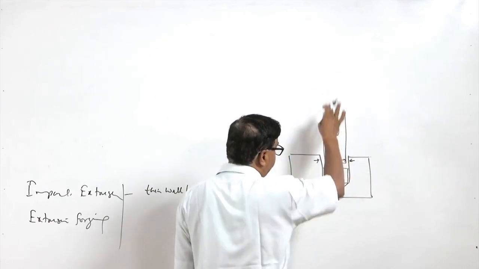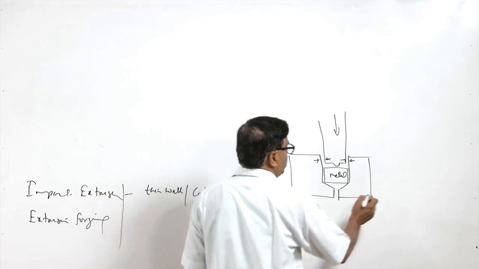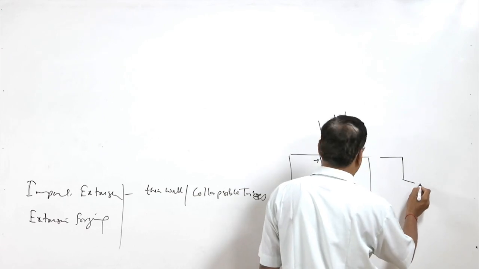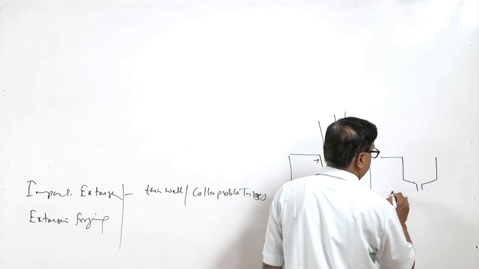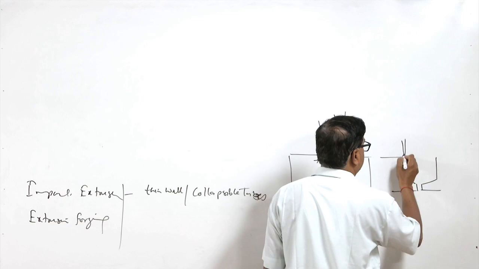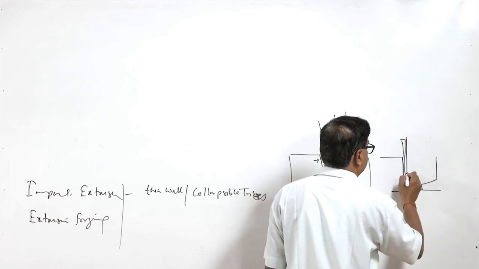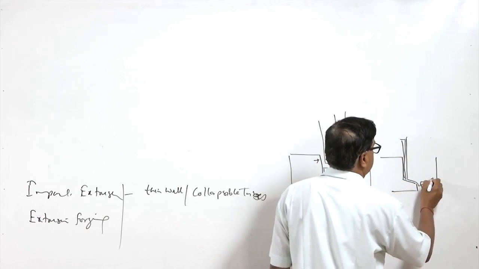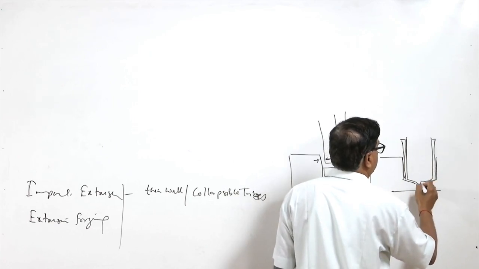So, when the punch impacts the metal, the metal starts to flow back, both sides, and the punch goes down, and this is the metal which is flowing back on both sides.